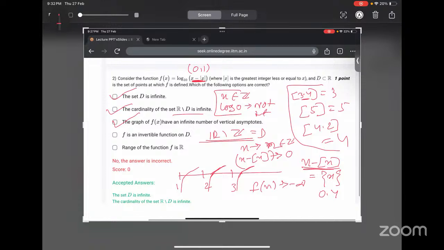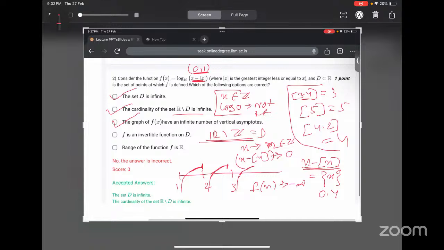No, because on the positive side it is not going to infinity. It is restricted up to this. So you will have a solid dot. Always we know the original graph of the logarithmic function from 0 to 1 will repeat all the time in each interval.